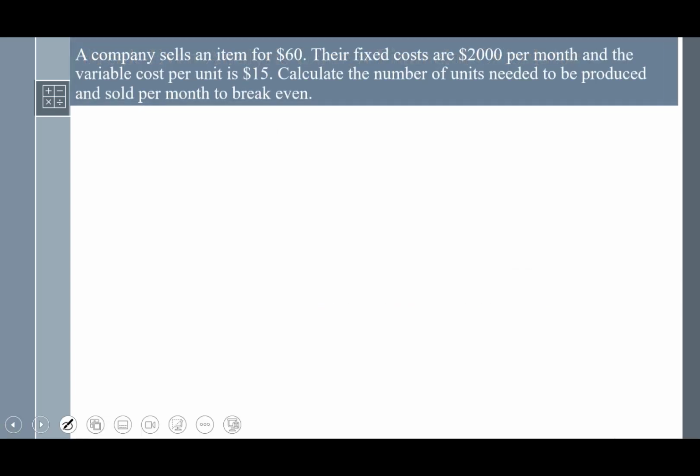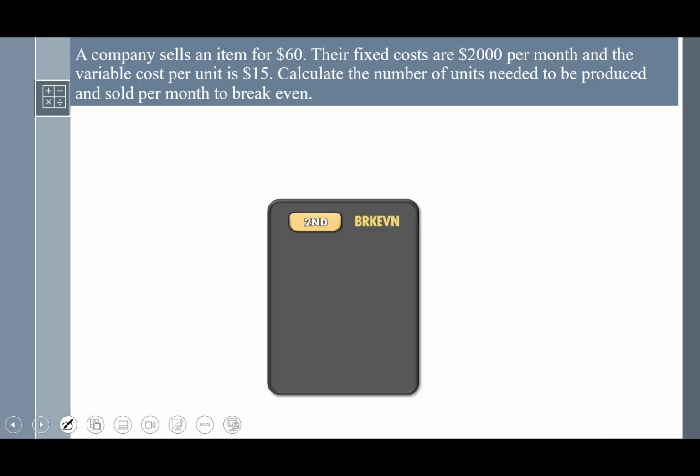So let's look at an example right away. A company sells an item for $60. That's the selling price. Their fixed costs are $2,000 and variable cost per unit is $15. Calculate the number of units needed to be produced and sold to break even. We're just looking for the break even point.